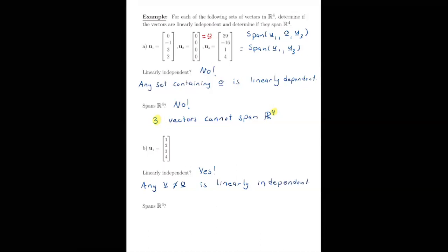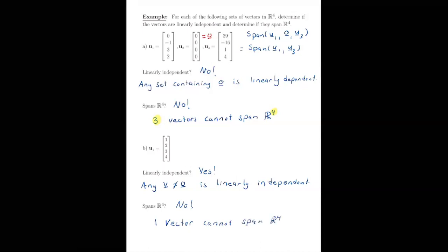Okay, and now, does it span R4? Well, again, the answer is no. We only have one vector, and again, you need at least 4 vectors to span R4. Fewer than 4 vectors cannot span R4. So in this case, the answer is no. It's not going to span R4. So one vector cannot span R4.